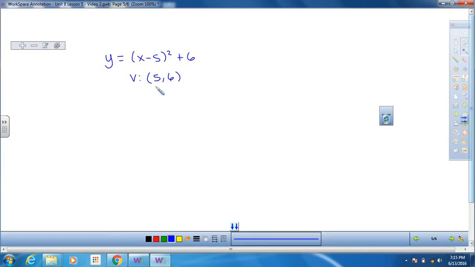That tells me right there that if it's 5 as the x-coordinate, we shift right 5. And then my y-coordinate is 6. We shift up 6. So the changes would be shifting right 5, shifting up 6.